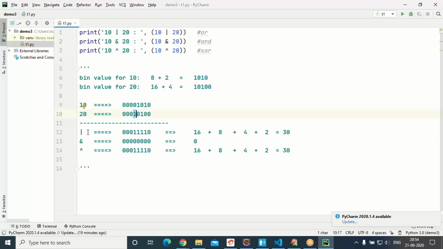It is an OR operator, so 0 or 1 is a 1. 0 or 1 is a 1. Then 1, 0: 1 or 0 is a 1. 0 or 1, again 1. 1 or 0, again 1. 0 or 0 is a 0. This is the result in binary representation.